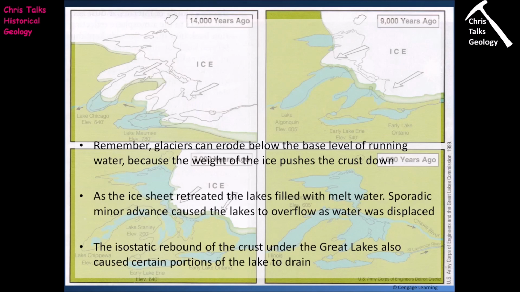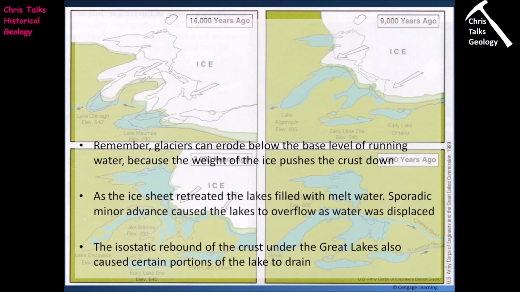Now, we need to remember that glaciers can erode below sea level because the weight of the glacier pushes the crust down. So the glacier is still going to erode, but the weight of it is pushing the crust downwards, and so this means the glaciers can produce topographic lows at levels below which rivers couldn't go.